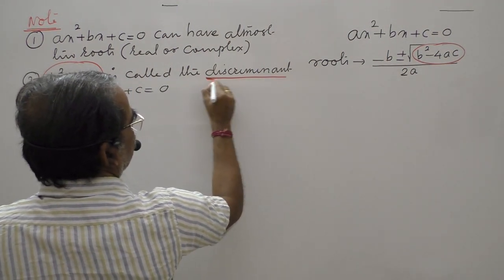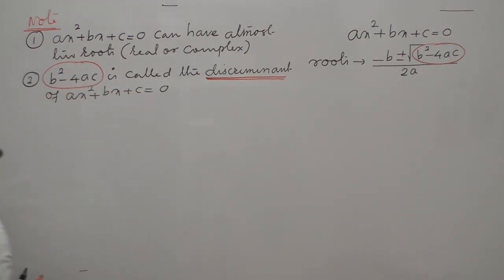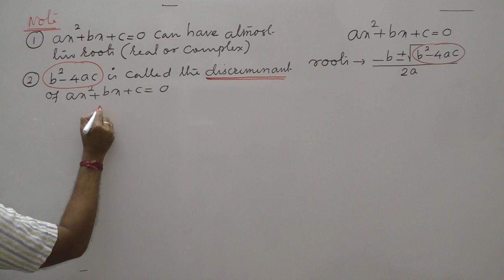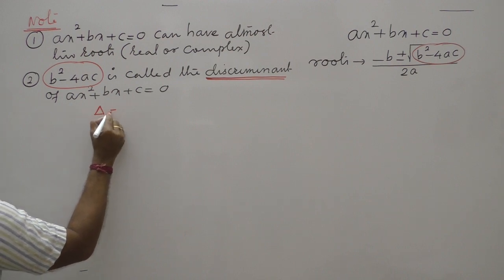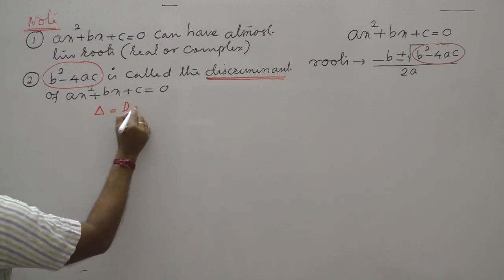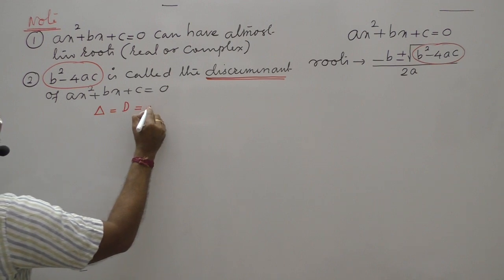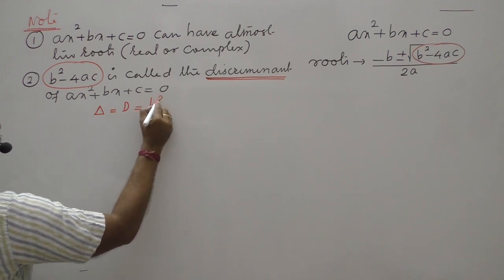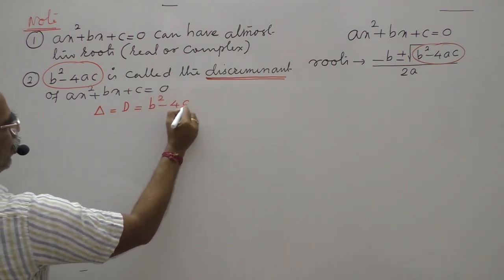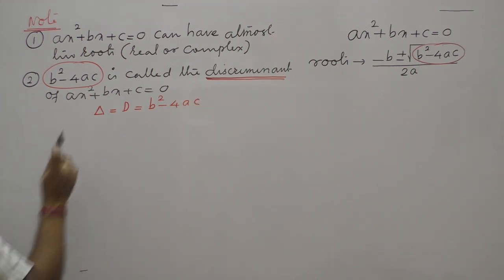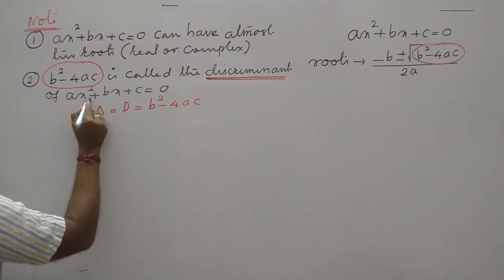What is this? Discriminant of the equation. It is denoted by delta or capital D. That means delta or capital D is equal to b square minus 4ac. So this is the discriminant.